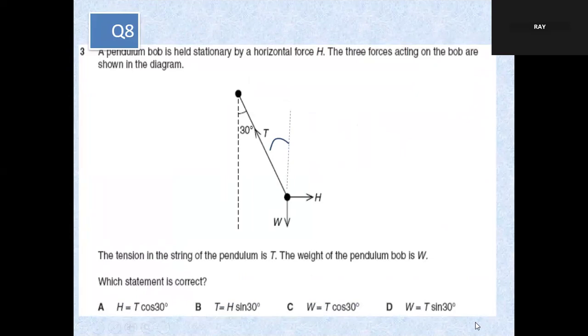How about this one? A pendulum bob is held stationary by horizontal force H. The three forces acting on the bob are shown in the diagram.